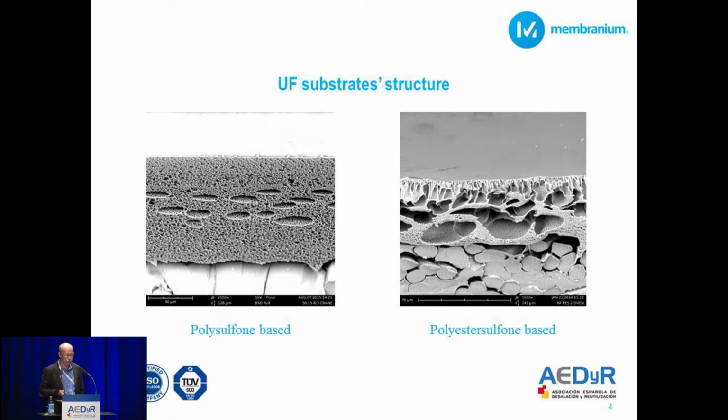But what is good for reverse osmosis is not the same for nanofiltration. And finally, we found another polymer, namely polyethersulfone, on the base of which we could get a new structure on the right side of this slide, a so-called finger structure with less hydrodynamic resistance to the permeate flow.